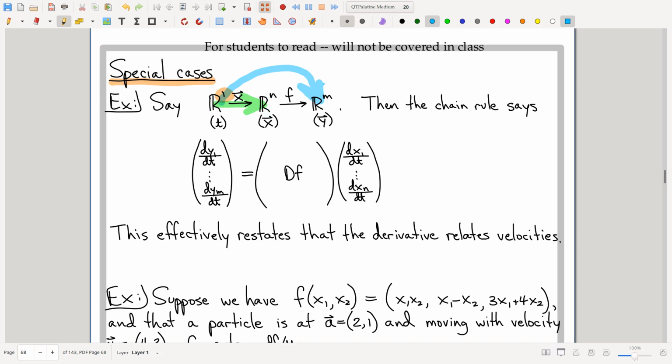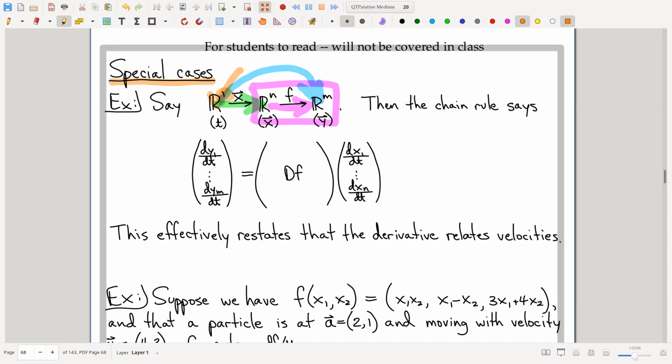And what we have here is arguably that f takes us from moving around in a parametric curve in Rn, and the image of that is another parametric curve in Rm. And notice what happens to the chain rule. Of course, these green and blue functions have a single input variable.